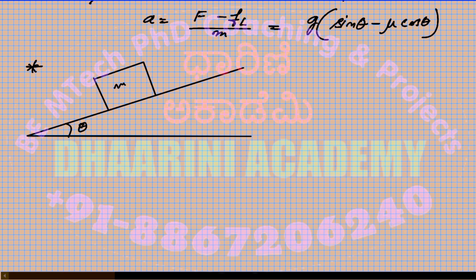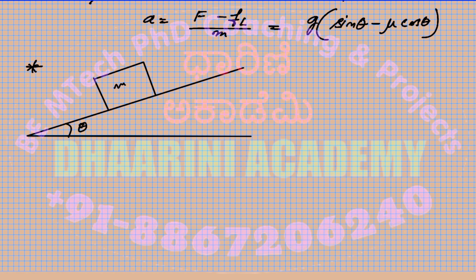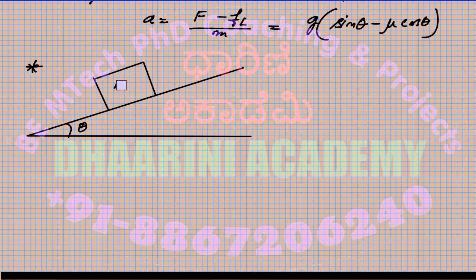Now, the values are given. It's the mass and theta values that are actually given.